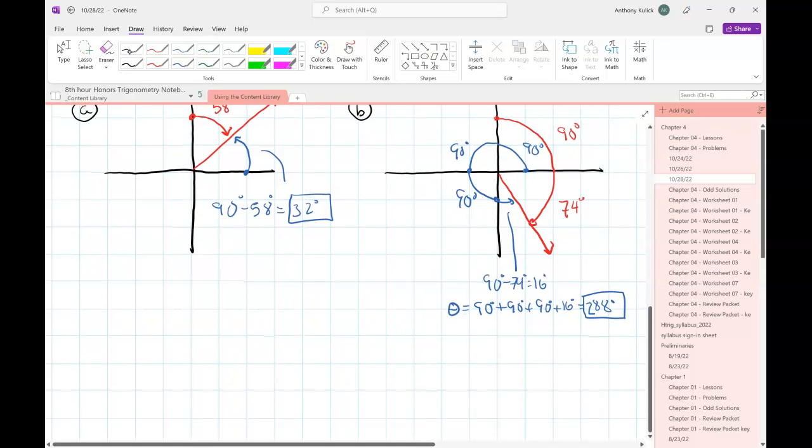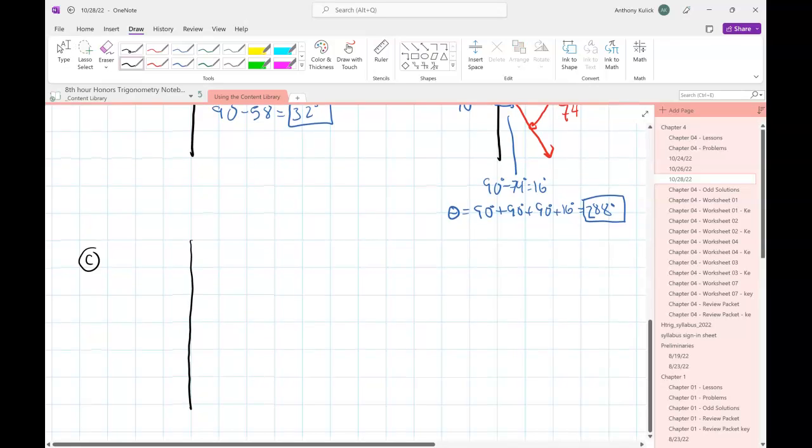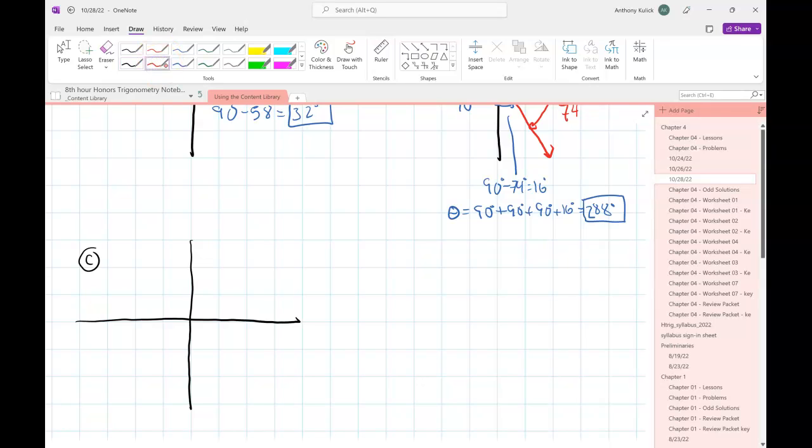All right, let's do 221 next. Again, north, so that's 90. That's 90. And then what, like 41 more degrees?